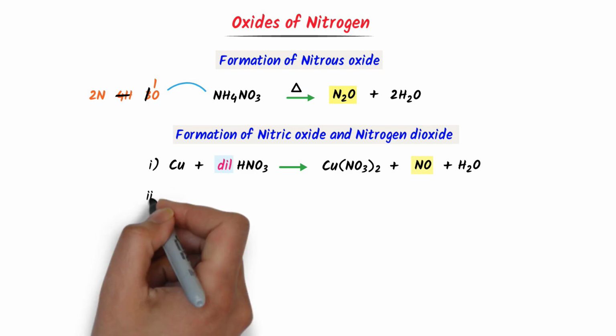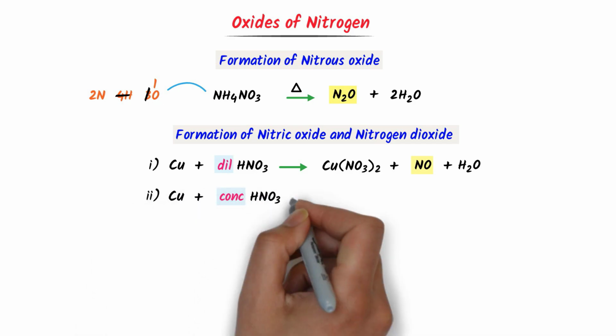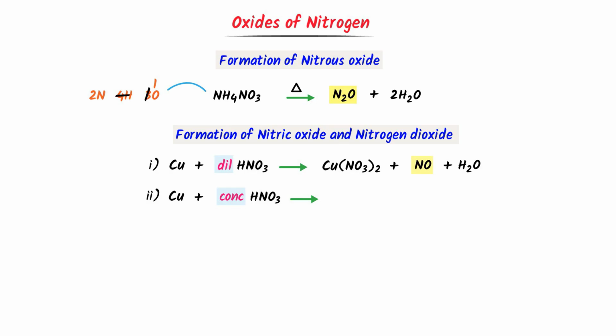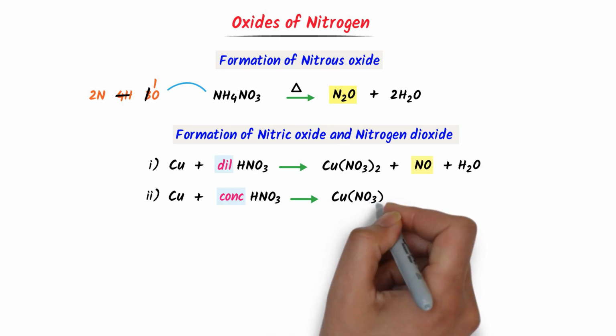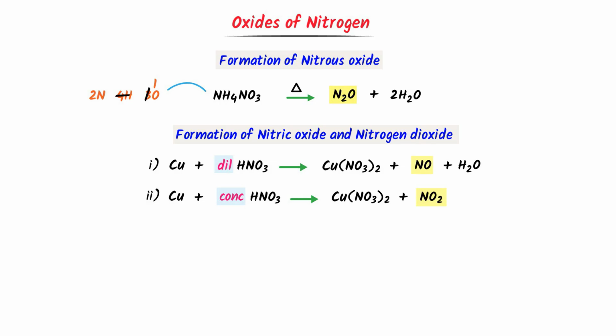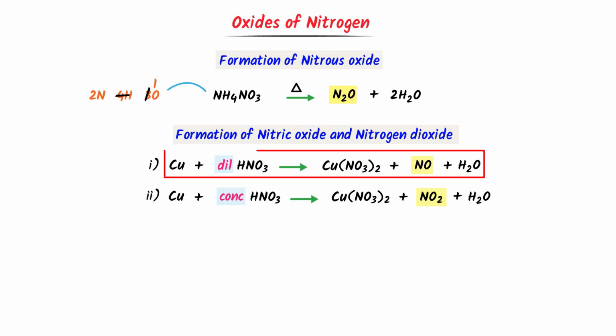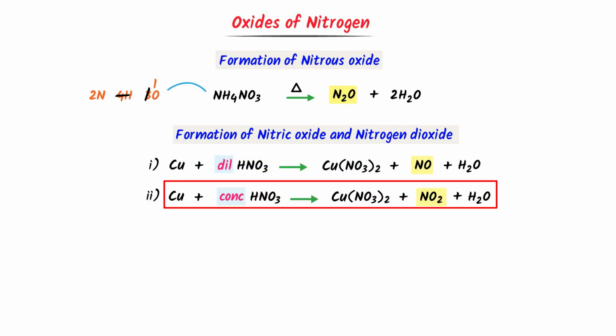Also remember that when copper plus concentrated HNO3 reacts together, they form copper nitrate plus nitrogen dioxide and H2O. We will learn more about nitrogen dioxide gas later in this reaction. Thus remember that copper plus dilute nitric acid gives nitric oxide, while copper plus concentrated nitric acid gives nitrogen dioxide.